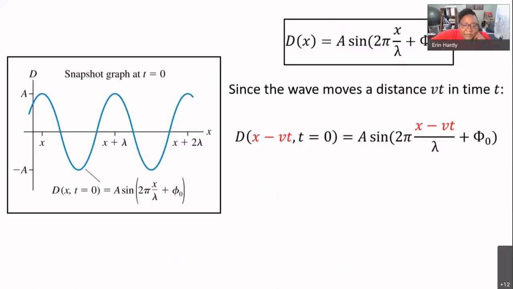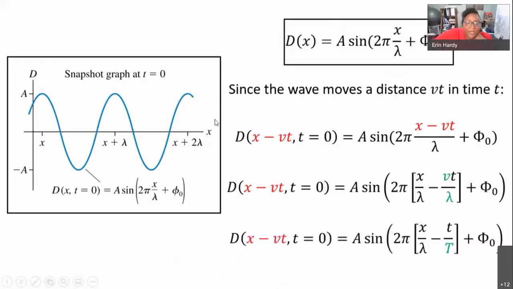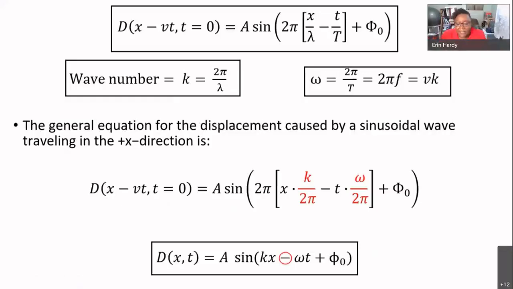Yeah, so we just made the assumption that the snapshot graph depicted a wave that was traveling toward the right. As a result, there's a negative sign here inside of the sine function. But if instead we had a leftward propagating wave, we would replace this with a plus sign. But this is our general expression for the displacement of any wave.